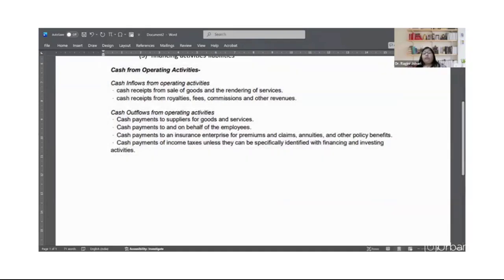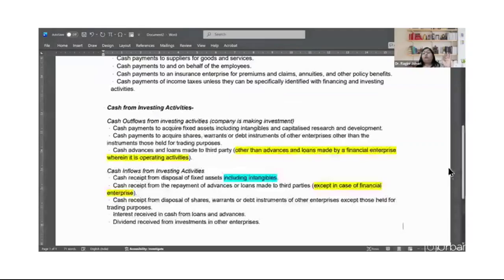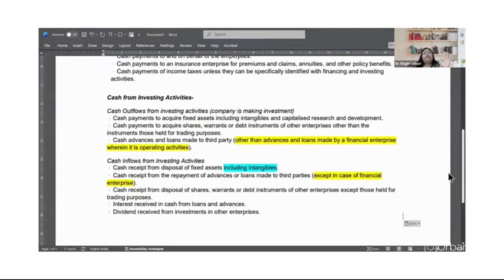Then let's talk about the next one, that is the investing activities and the financing activities. So now let's talk about the investing activities. For investing activities, cash outflow happens when the firm or the business is investing in some fixed assets, or the company is making any investment.